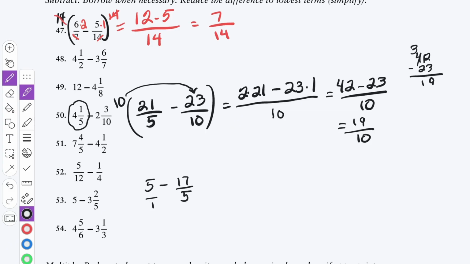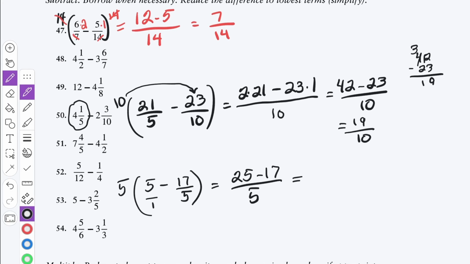In order for me to figure out how to place the denominator underneath 5, I'm just going to multiply everything by 5. So I end up with 25 minus 17 over 5. And what is that? 3 and 8, that'd be 8 over 5. Okay?